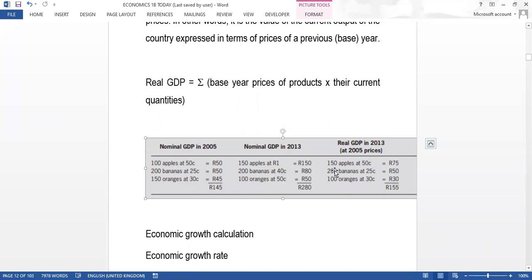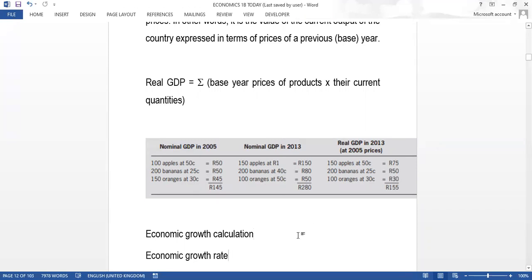So assuming that 150 apples were produced in 2013, the same 150 that were produced in nominal terms, applying the base year pricing, which is 50 cents, 25 cents, and 30 cents, you can see that the total value of gross domestic product sums up to 155, which is a greater value compared to the previous value here, which is 145. So we can say the economy is growing because the real GDP is growing.